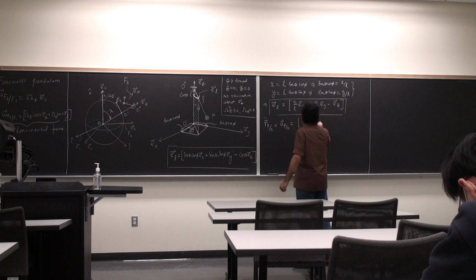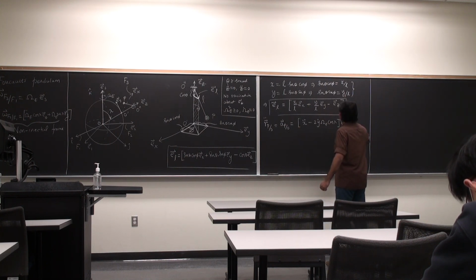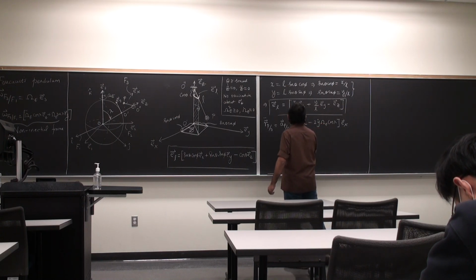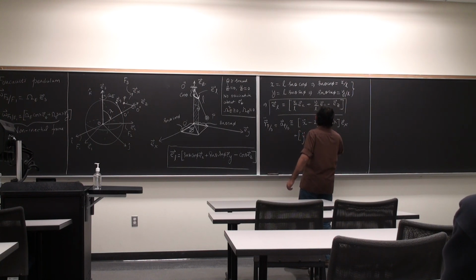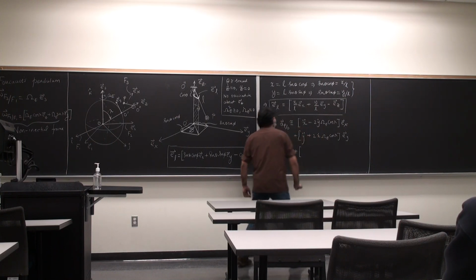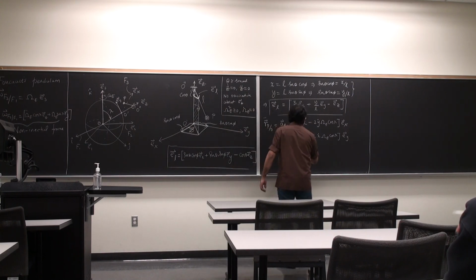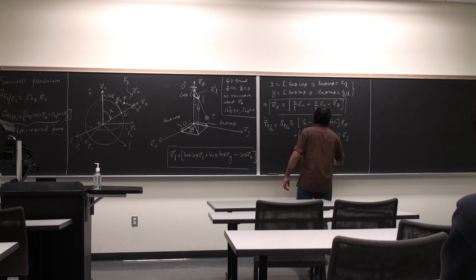X double dot minus 2 y dot omega E cosine lambda Ex, so I should say approximate, plus y double dot plus 2 x dot omega E cosine lambda Ey, and then minus 2 x dot omega E sine lambda in the east.